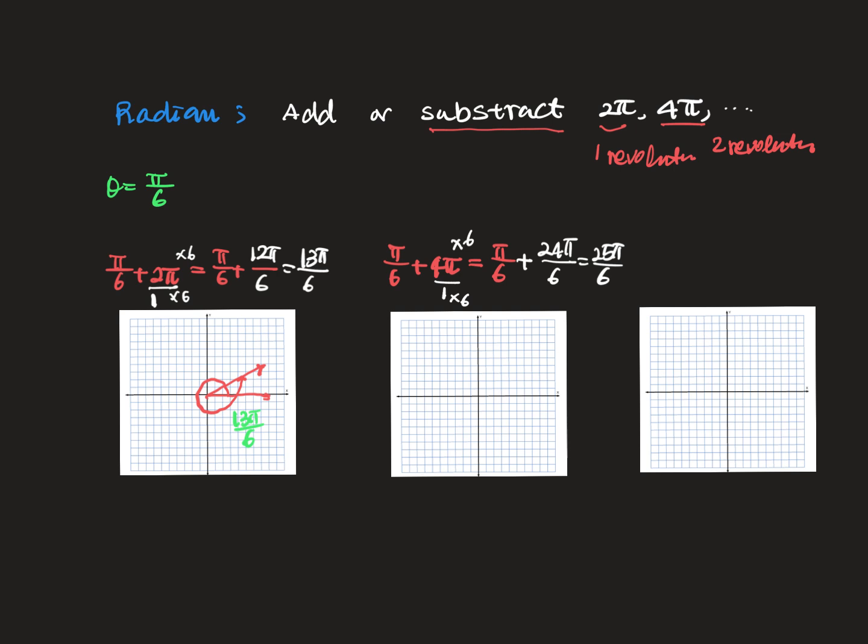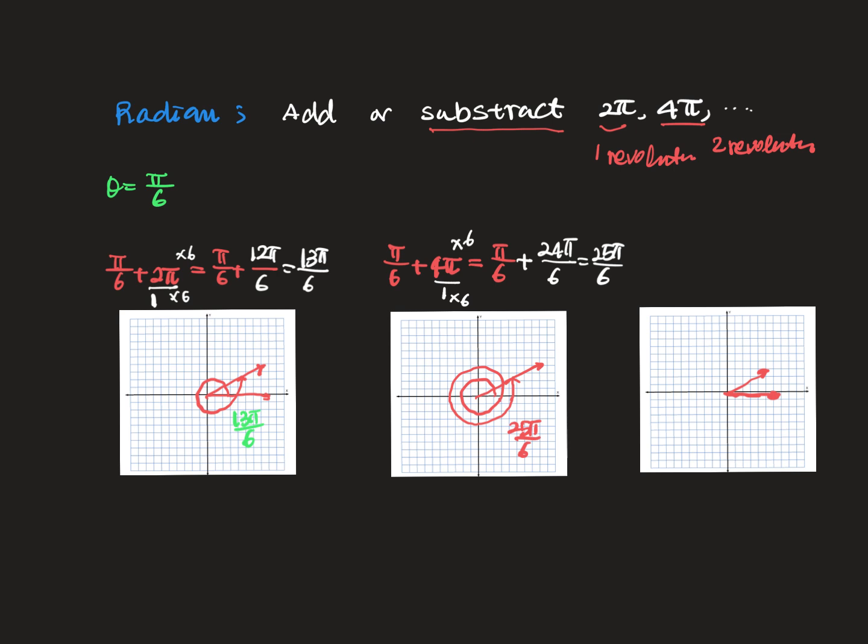Guys, make sense? How are we going to sketch this one? One revolution is 2 pi, the second revolution is 4 pi, going to pi over 6 right there. That's the angle, 25 pi over 6. This time you go in the negative direction, the opposite direction from the initial side to the terminal side.